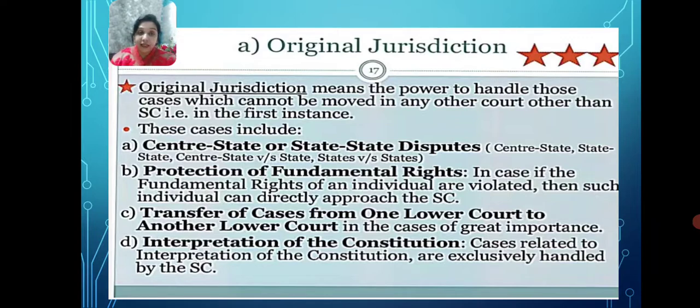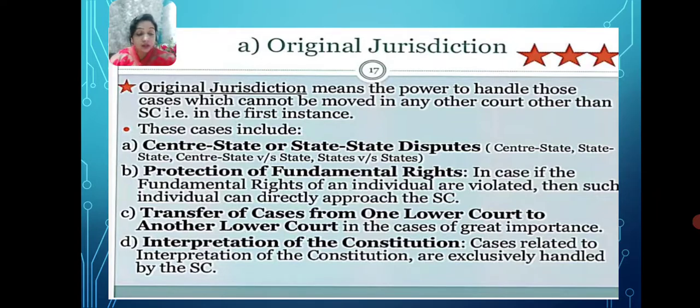The next is interpretation of the Constitution. What do you mean by interpretation? The word means to go deeper into, to analyze and to find out. Cases related to interpretation of the Constitution are exclusively handled by the Supreme Court. What type of cases?